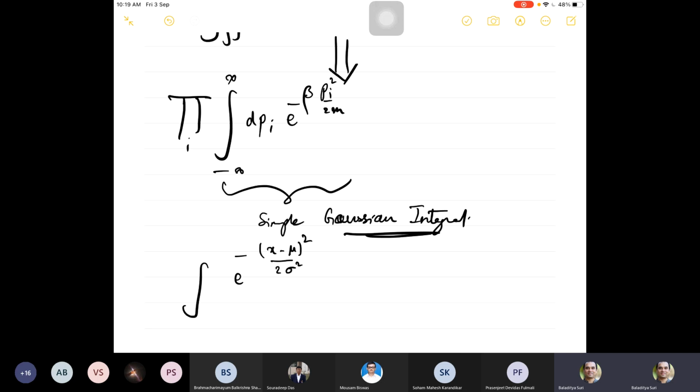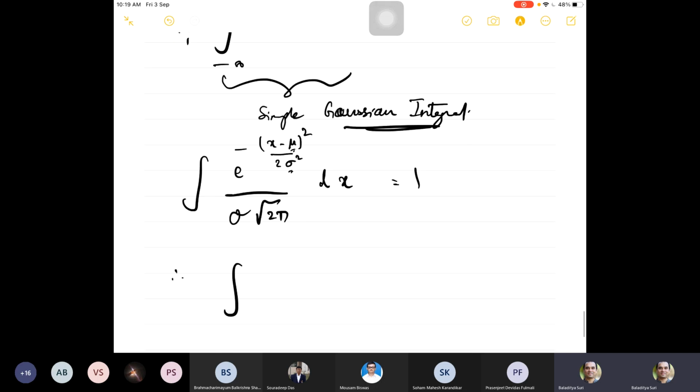A Gaussian is usually specified using two parameters. Normalized by sigma root 2 pi, the integral of dx has a value of 1.